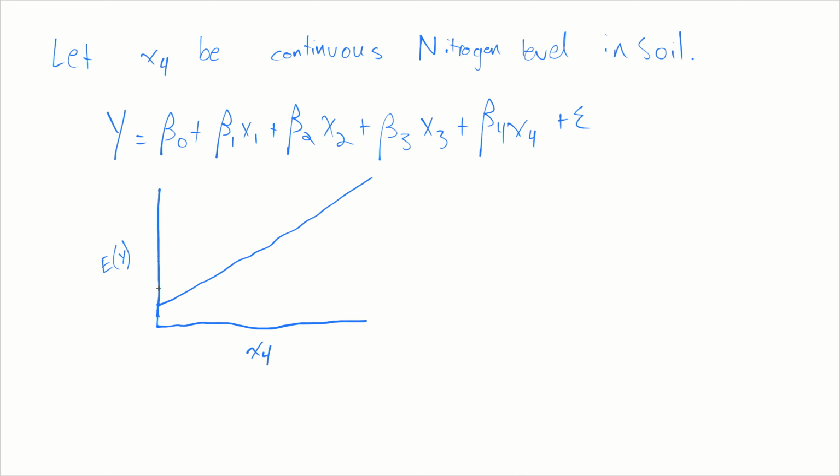We'll have 4 lines going up, and they're all going to be parallel, because the slope for all 4 groups is beta 4.